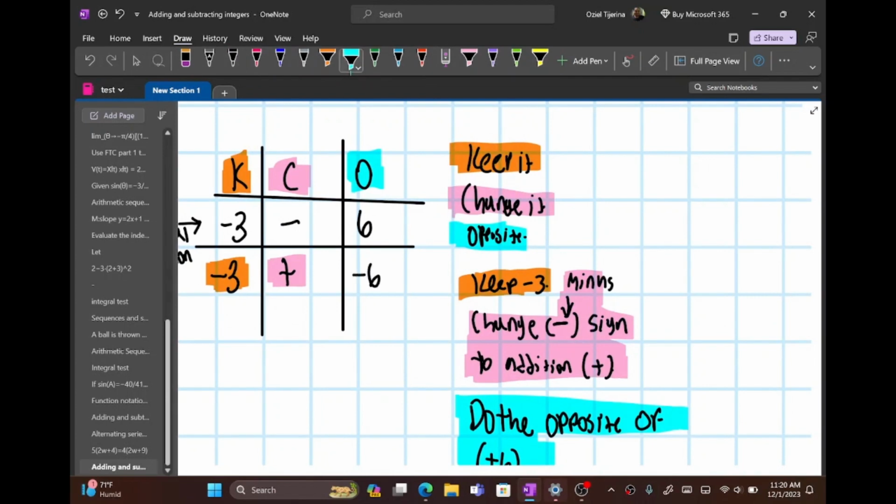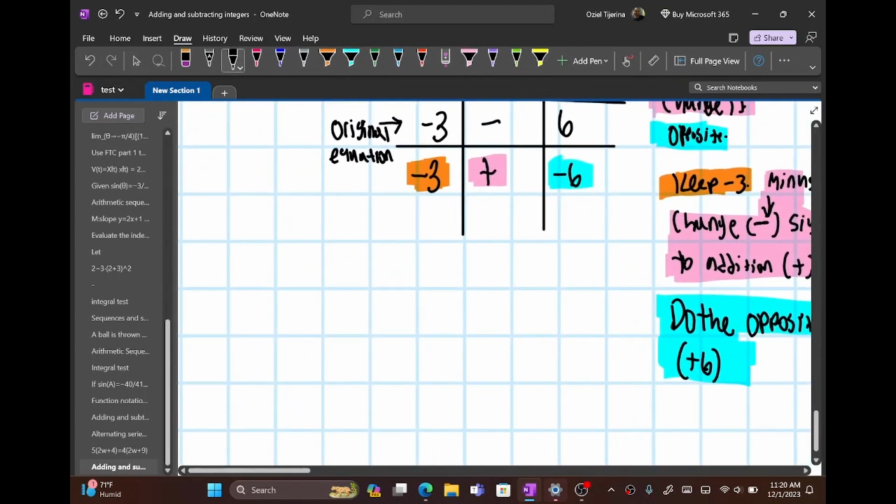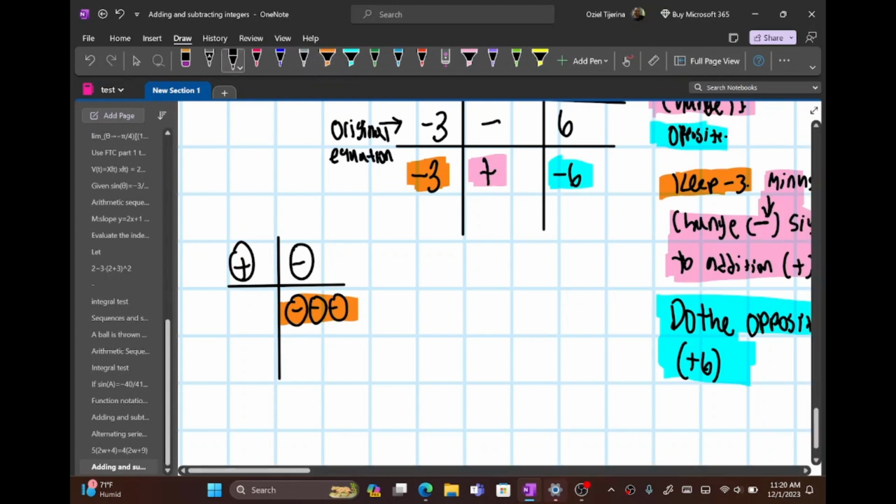Now, obviously, there are 2 negatives being added. Again, to verify, you're going to do your T-chart, with positives and negatives. There's 3 negatives: 1, 2, 3. And then there's also 6 negatives, excuse me.